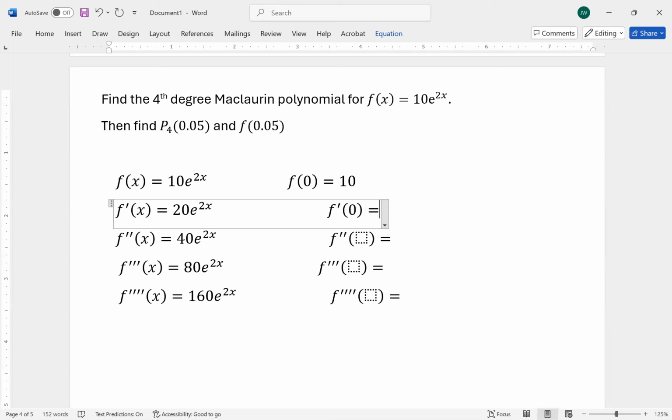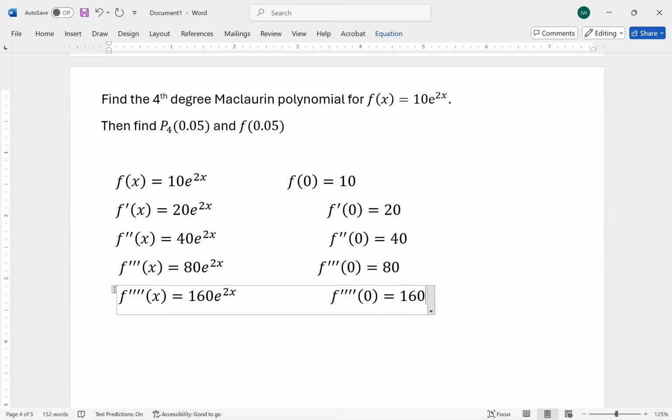Into the first derivative, I get a 20. Into the second derivative, I get a 40. Into the third derivative, I get an 80. And into the fourth derivative, when I plug in 0, I get 160.